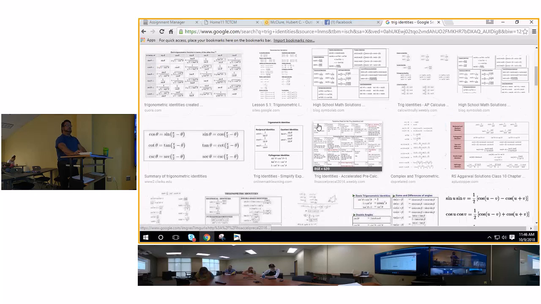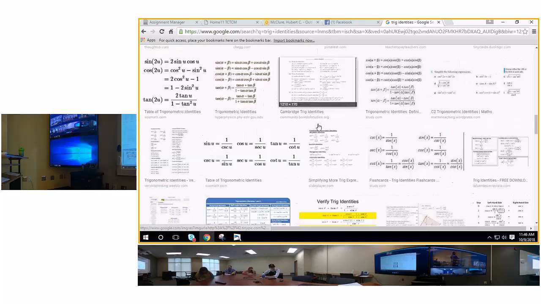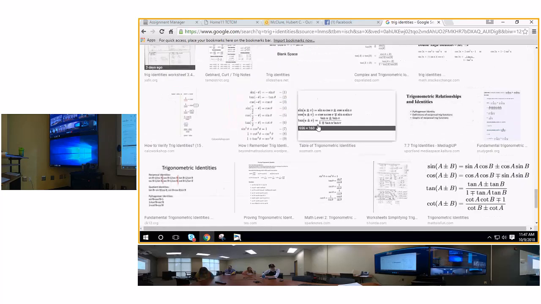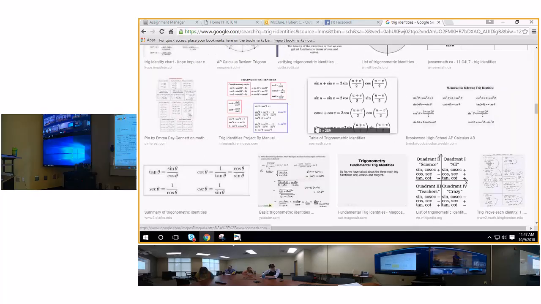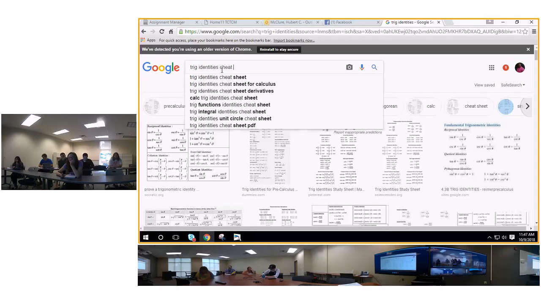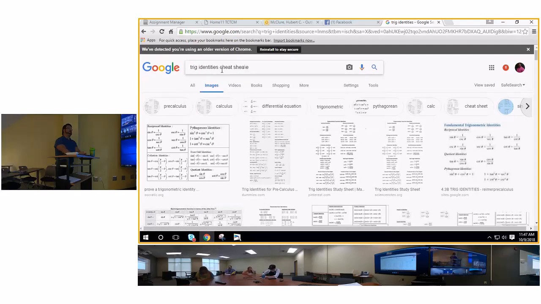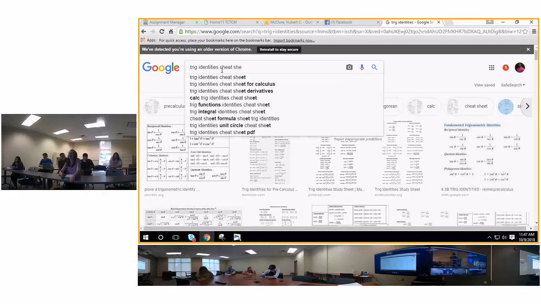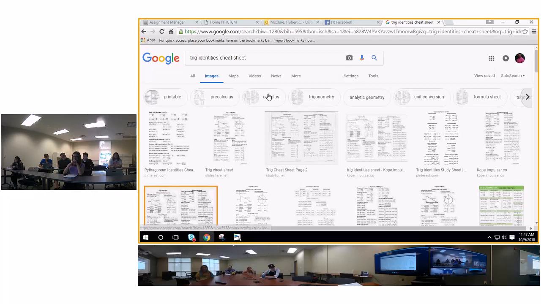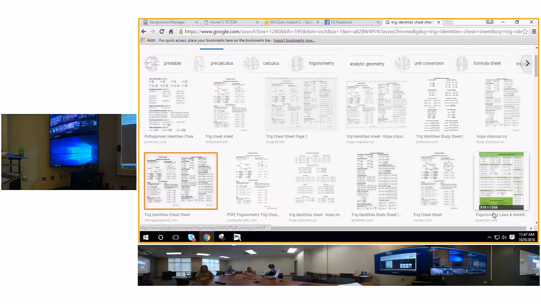And I'm looking for the green and white one. I think it's put in cheat sheet. Okay, let me put in cheat sheet. So you're the one that did it. You have to type it. Yeah, there it is. That's the one I use.